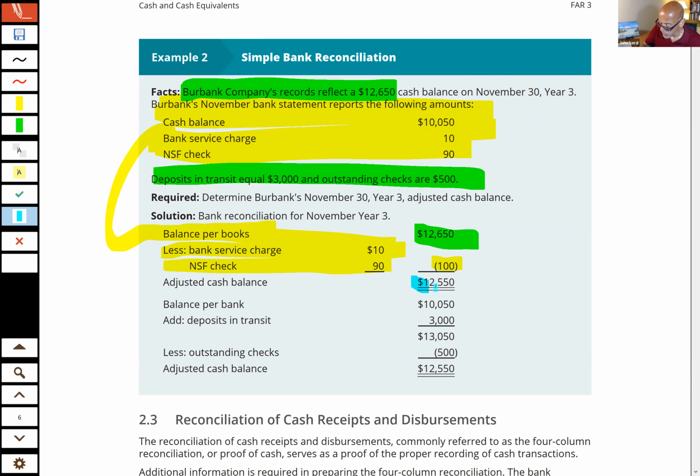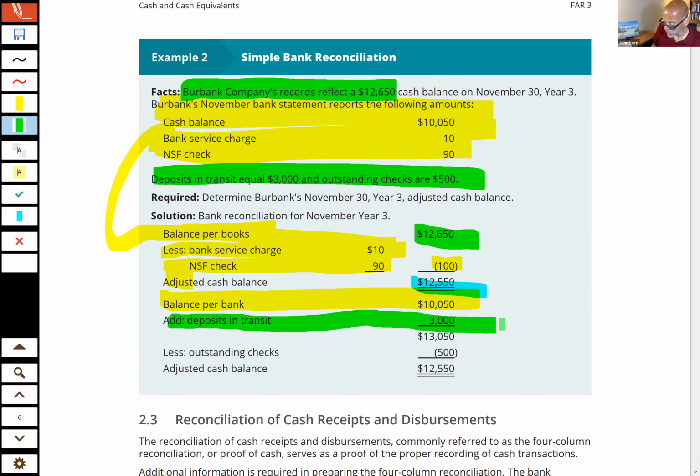Then they start with what the bank balance was, and now they start adjusting it for things that the company knew about that the bank did not. So they pick up that deposit in transit.